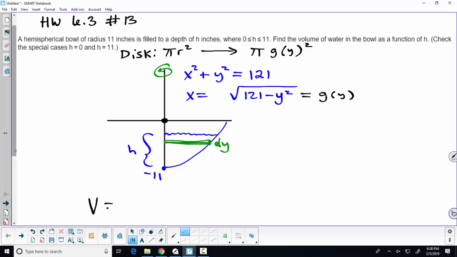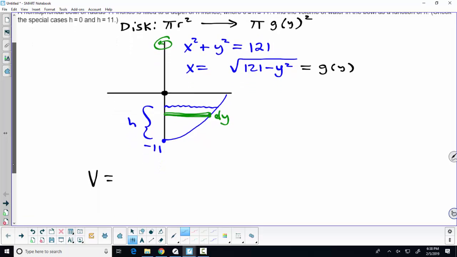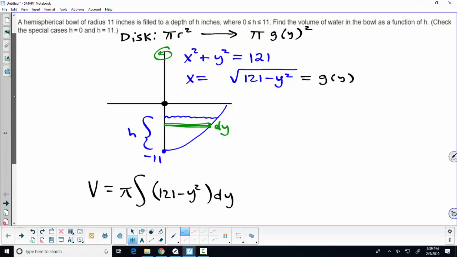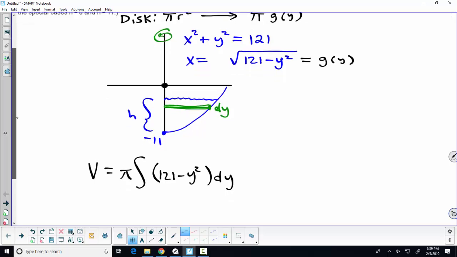The volume is pi times the integral of our function g of y, our radius, squared. Yeah, we're going to square it.